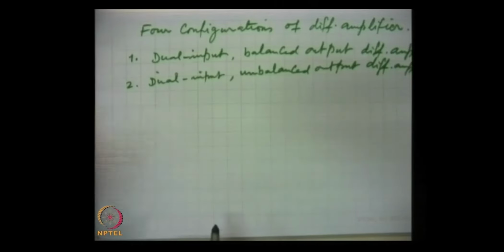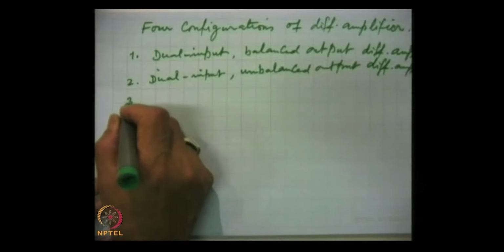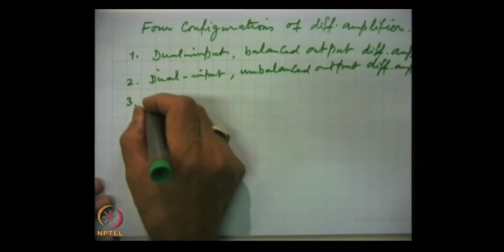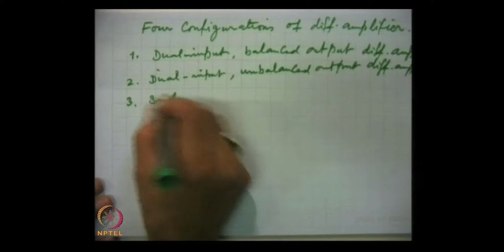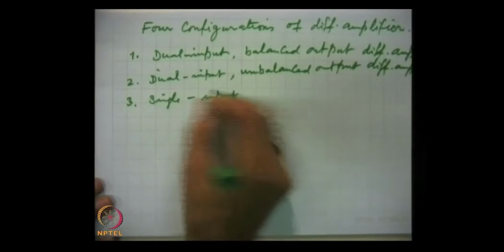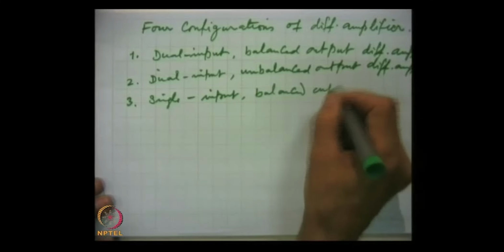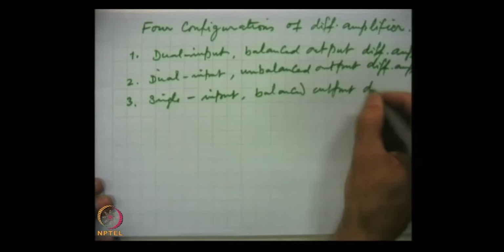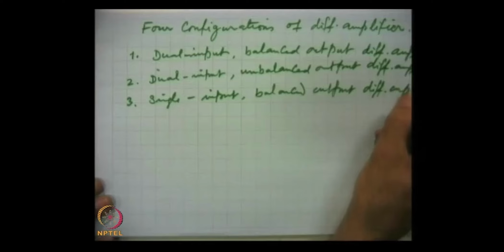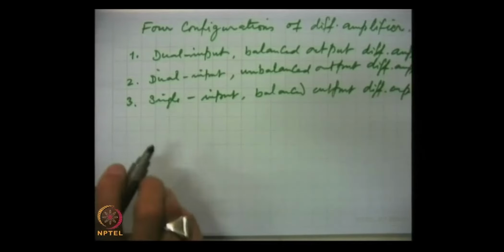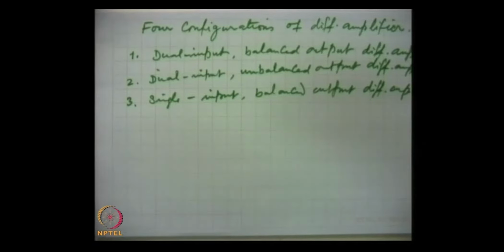Similarly, we can use a single input balanced output differential amplifier. Here we are using only one input source, and we will be taking output from the two collectors.